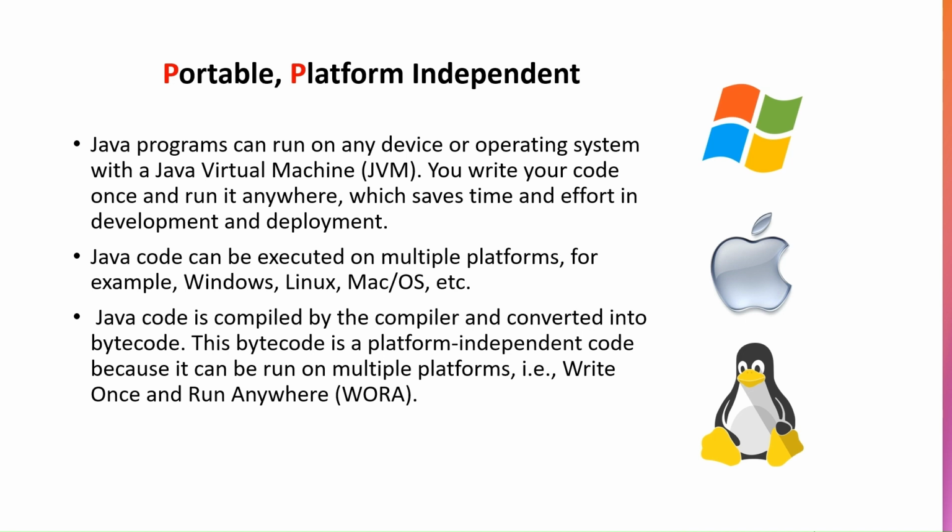You write your code once and run it anywhere, which saves time and effort in development and deployment. Java code can be executed on multiple platforms, for example, Windows, Linux, Mac OS, etc. Java code is compiled by the compiler and converted into bytecode. This bytecode is platform-independent code because it can be run on multiple platforms. That is, write once and run anywhere.